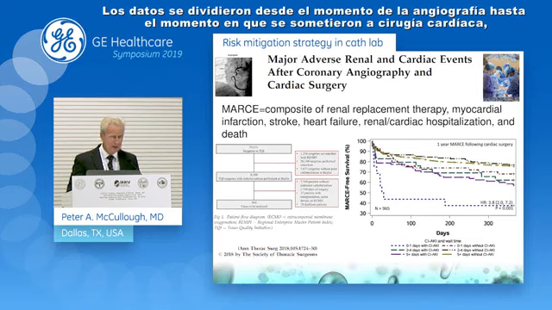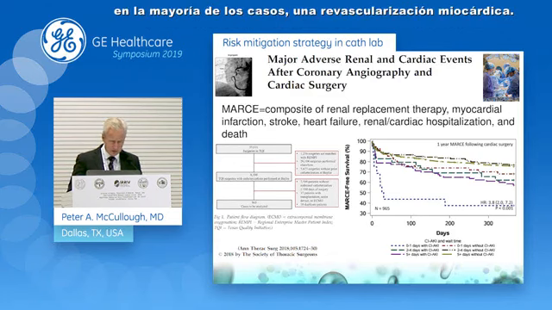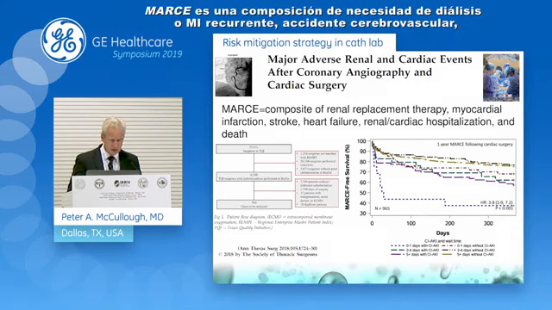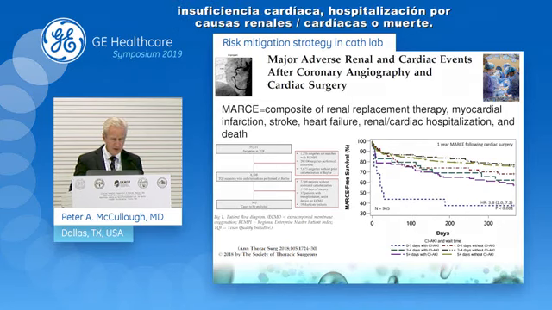And from the time of the angiogram to the time that they had cardiac surgery, which was largely coronary artery bypass surgery. And the endpoint here is MARCE, which is major adverse renal and cardiac events. So this is the composite of renal replacement therapy, recurrent MI, stroke, heart failure, renal or cardiac hospitalization, or death.